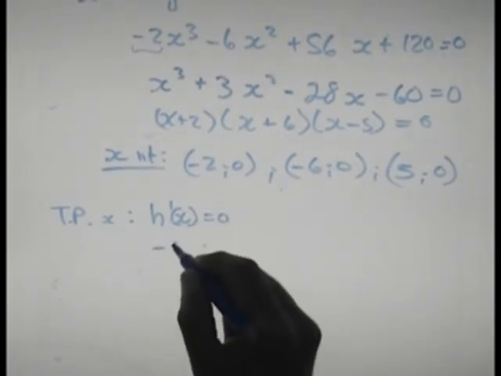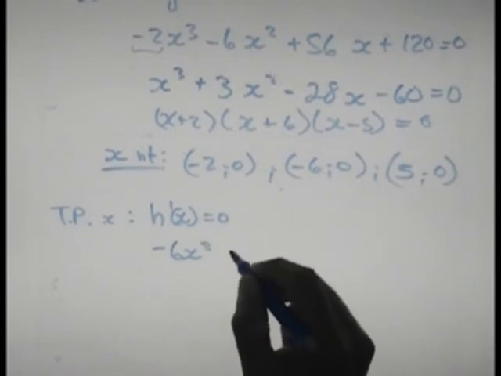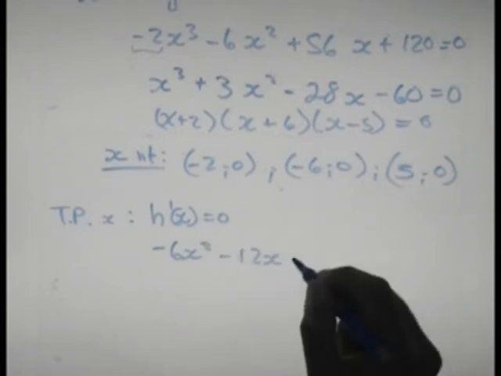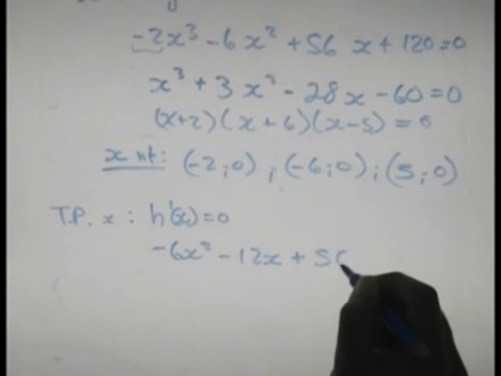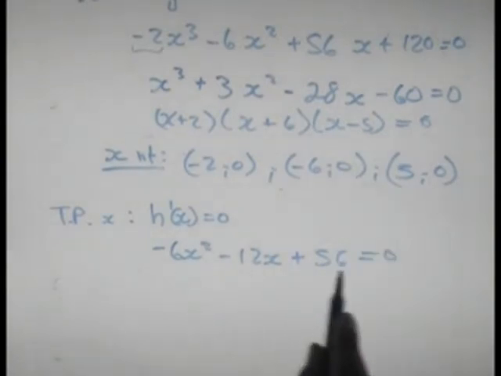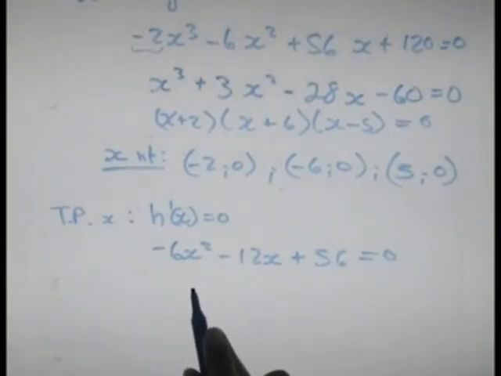Basically, that's when -6x squared minus 12x plus 56 is equal to 0.